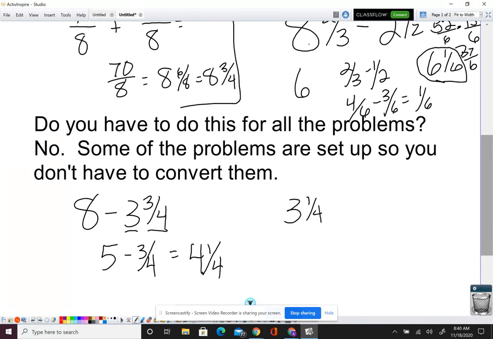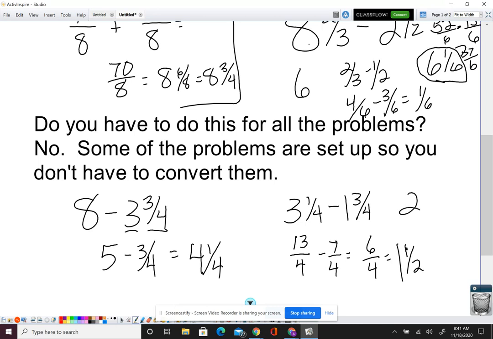3 1/4 minus 1 3/4. If we do it by converting, we get 13/4 minus 7/4. 13 minus 7 is 6/4, which is 1 1/2. If we did it the other way, we would have 3 minus 1, which is 2.